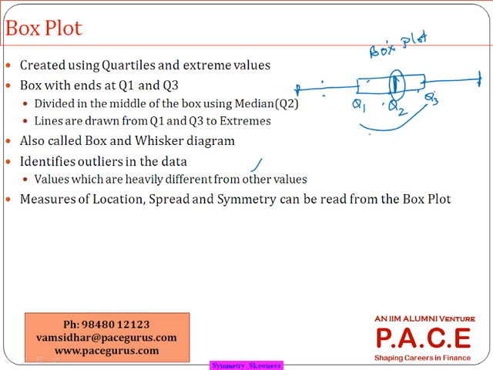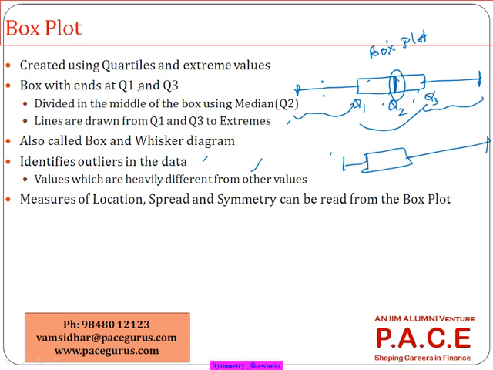So if the tail size is more or less similar on both sides, I say it is close to symmetrical. If it is more like this, the tail is smaller on this side but much larger on this side, I can say that there is a right skew or positive skew in the data, or a left skew or negative skew in the data.